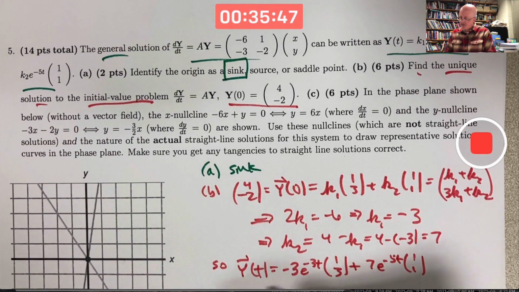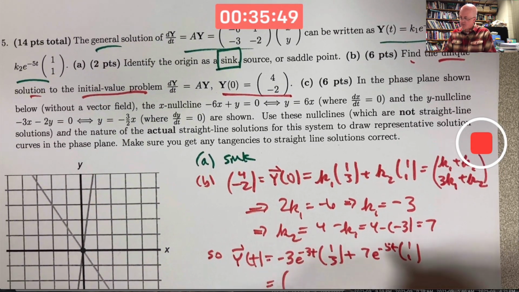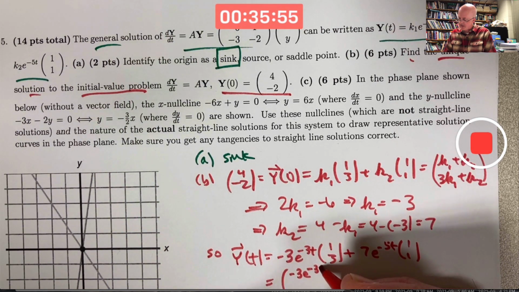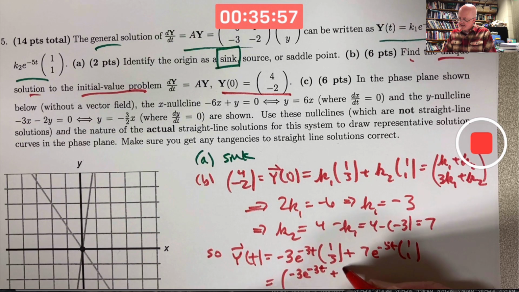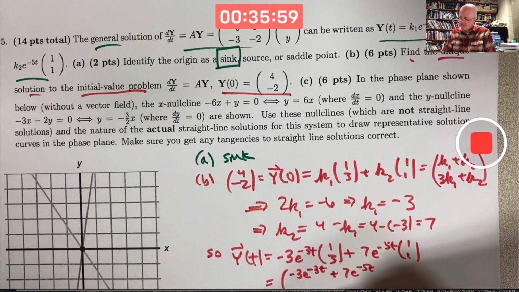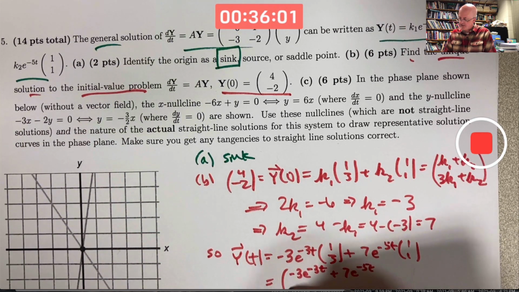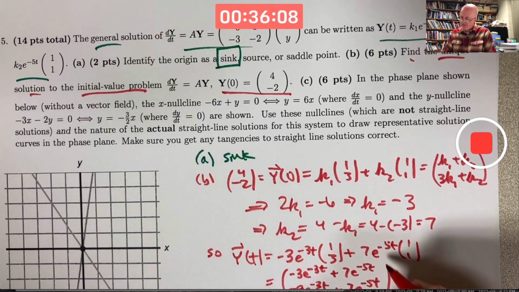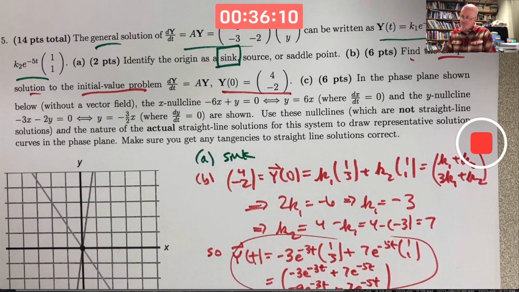It's fine to leave the answer like that, but you could also write it as one vector. Simplify the linear combination. The first component is ultimately -3 e to the -3t plus 7 e to the -5t. The second component, -3 times 3 is -9 e to the -3t plus 7 e to the -5t again. Okay, there's your unique solution.